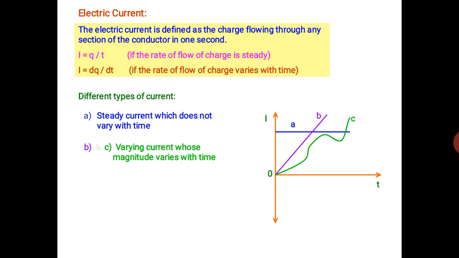In this graph, line B and curve C show current that is variable, whose magnitude varies with time.